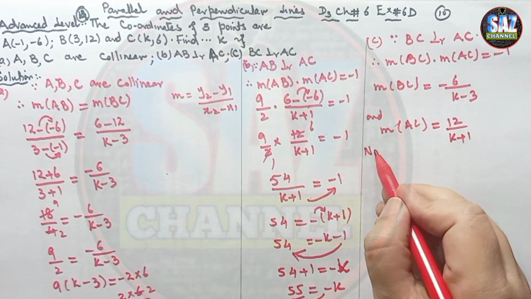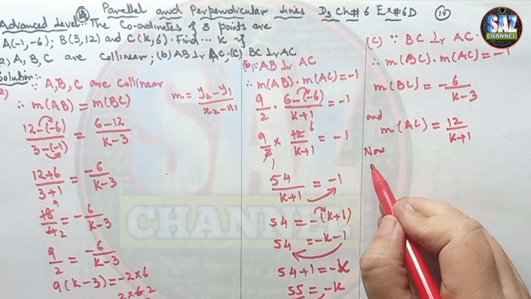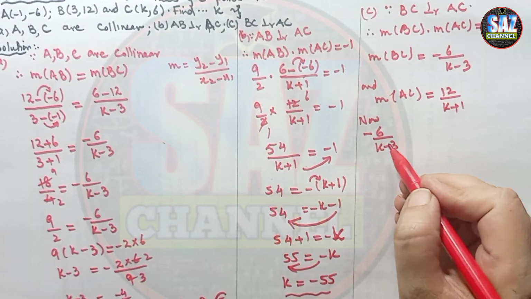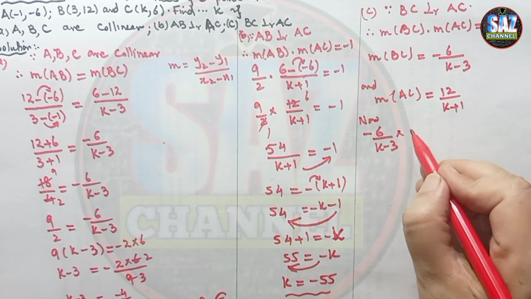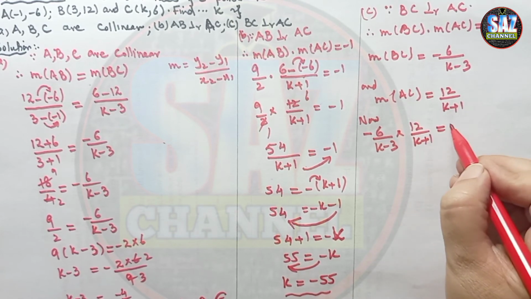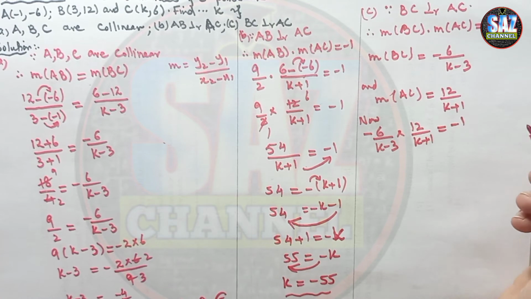Now what we have to do is take the product. Minus 6 over K minus 3 multiplied by 12 over K plus 1 equals minus 1.